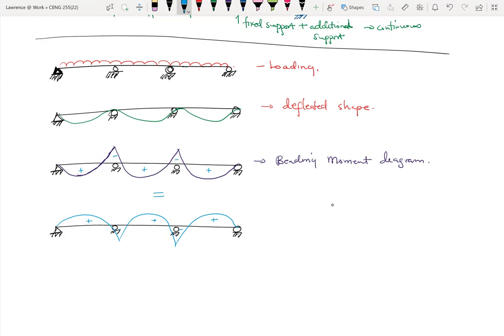I think I'll try and stick with the one below so that we have some sense of convention. They both are bending moment diagrams, just that to go with the typical X and Y axis, this is what we do. We don't need to stress ourselves about it. They all are the same.